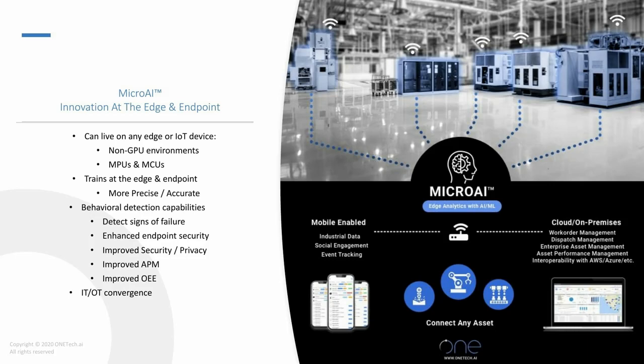And what this does is, by generating that insight, creating that automated response and forewarning of potential signs of failure, you improve your OEE, so overall equipment effectiveness, which of course has a long list of additional benefits.